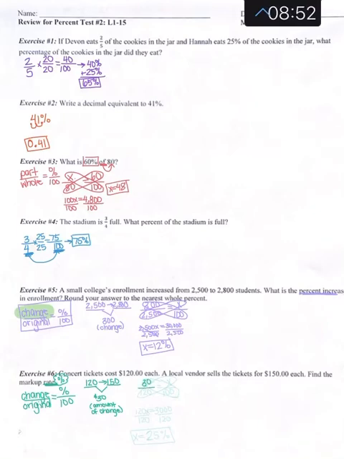The original cost of the tickets was $120 equals, that percent is what we're looking for, the markup rate, X over 100. To solve, we're going to cross multiply. 120 times X is 120X equals 30 times 100, which is 3,000. We divide both sides by 120. And we find out that the markup rate, or X, is equal to 25%.